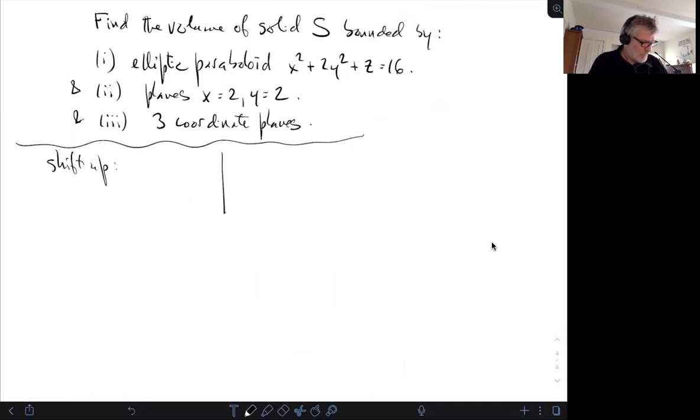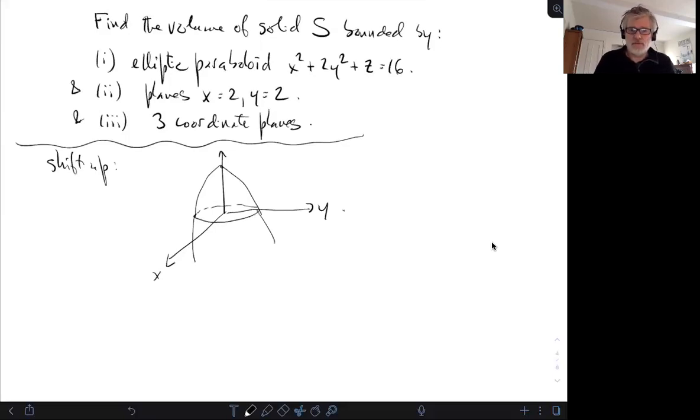If I shift up, it's going to look something like this. My picture is pretty ugly, but you see what I'm saying. So it's an upside down paraboloid shifted up.